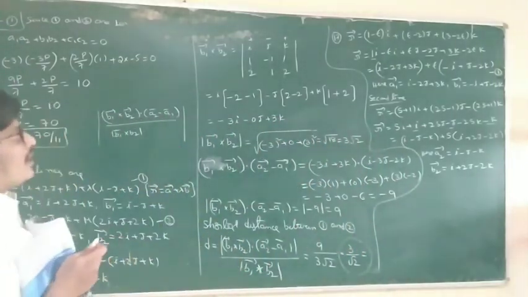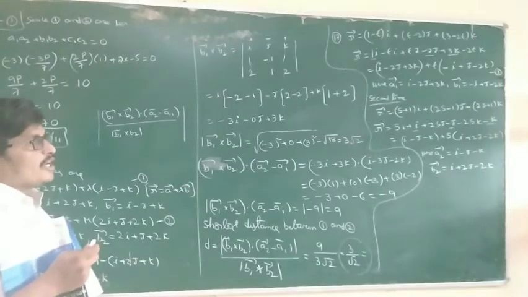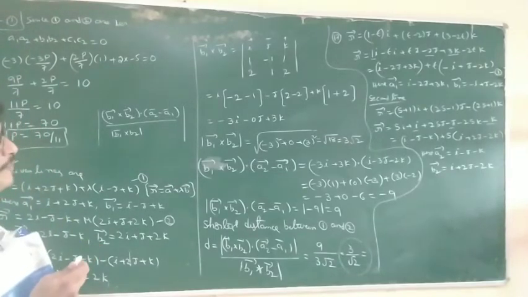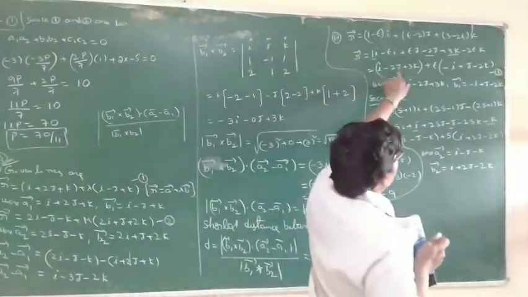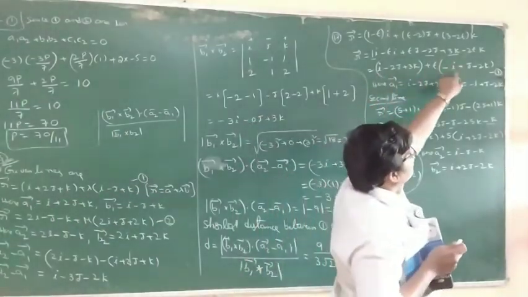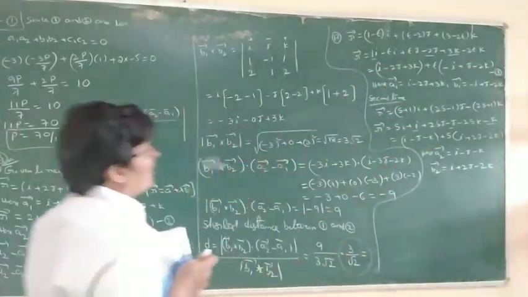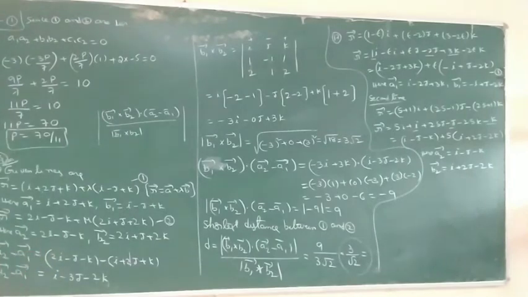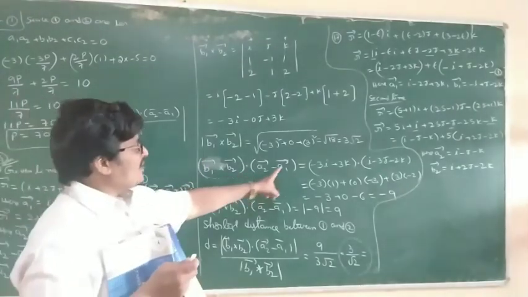The general form is r̄ = ā + λb̄. So this is a1, b1, a2, b2. After that the same procedure: a2 − a1, b1 × b2, and |b1 × b2| dot a2 − a1.